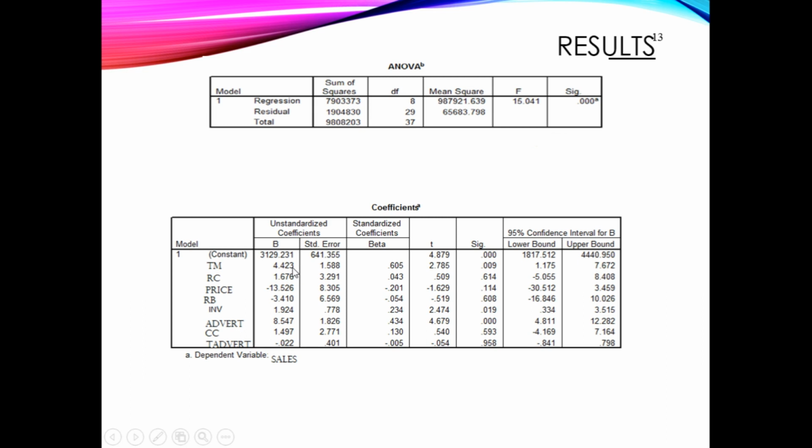That's the interpretation that we can give. The price, for example, is not significant in our model because the p-value is superior to 10%, if we choose the threshold of 10% significance.